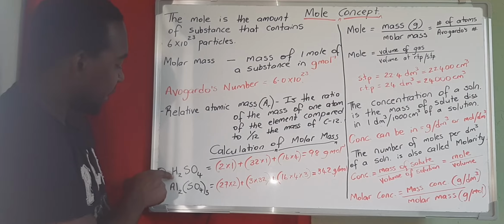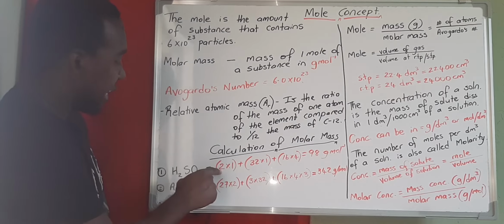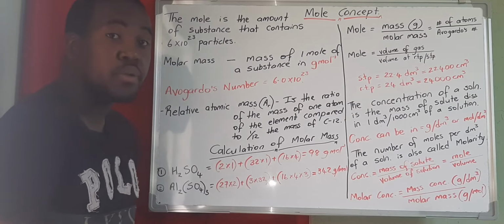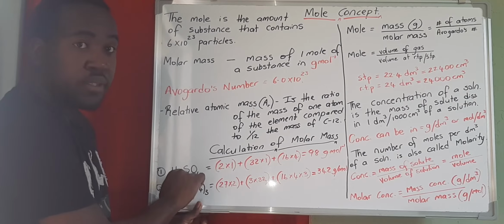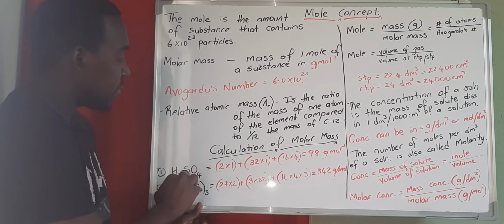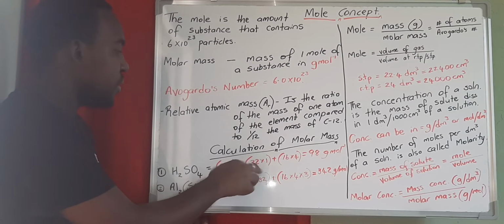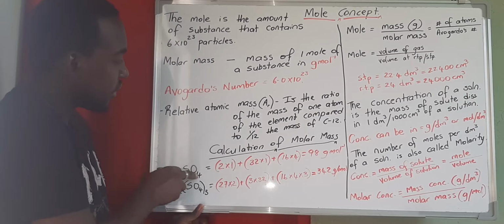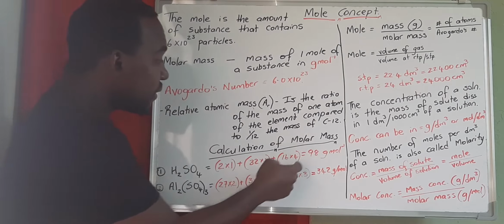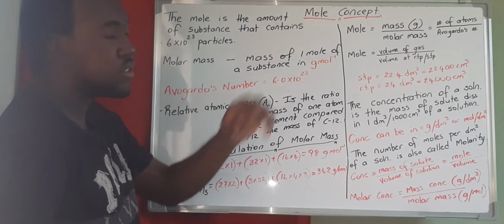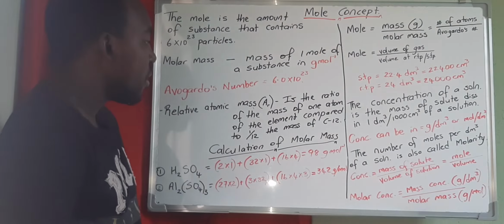It's the amount of hydrogen there, which is 2, times the mass of hydrogen from our periodic table, which is 1, plus the amount of sulfur, which is 1, times the mass of sulfur, which is 32, plus the amount of oxygen, which is 4, times the mass of oxygen, which is 16. When we do that, we get 98, and remember it's in a unit of gram per mole.